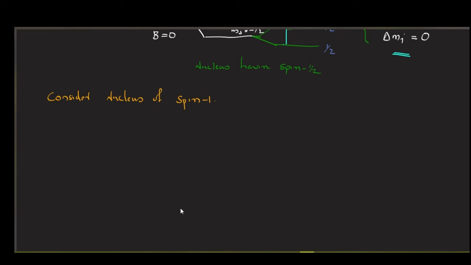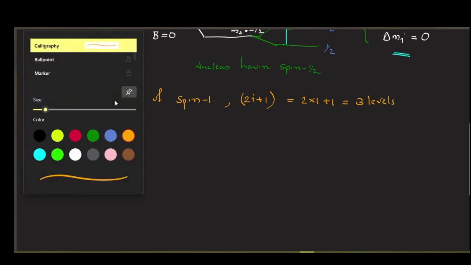For a nucleus of spin 1, each ESR energy level will split up into 2I plus 1 levels, and for spin 1 this is equal to 2 into 1 plus 1, which is equal to 3 levels. So, how will you draw the ESR splitting?